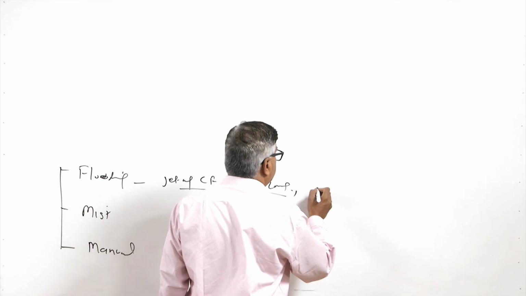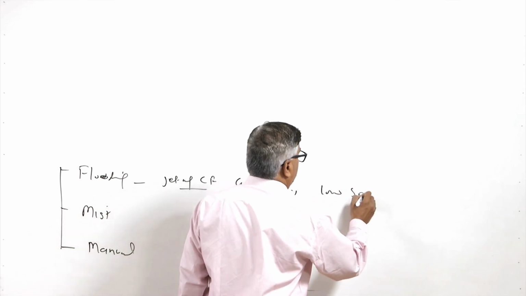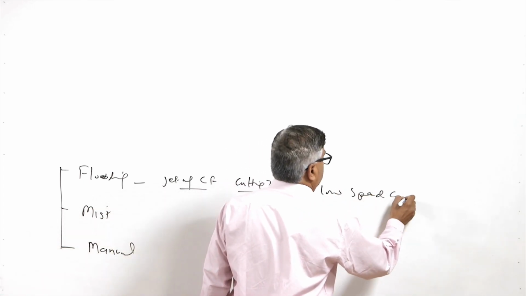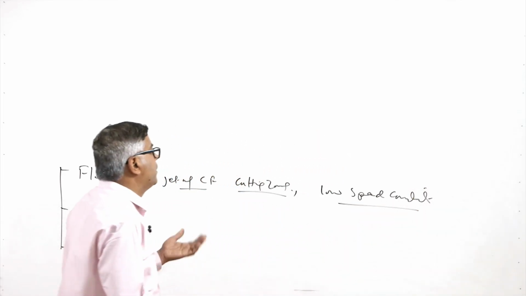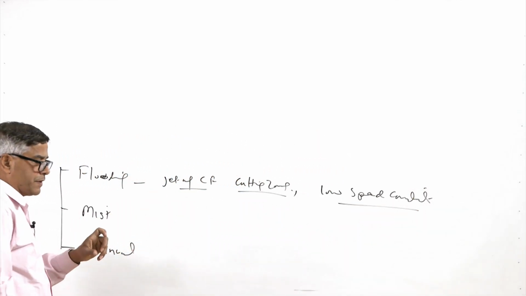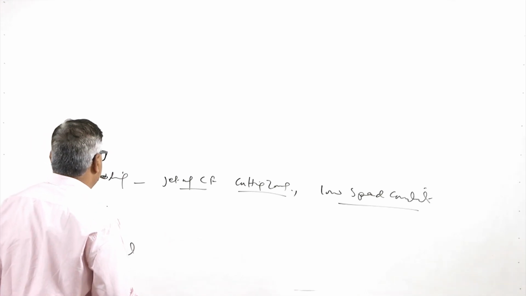This is effective for low speed conditions, but at high speed conditions the cutting fluid may not be able to reach the tool chip interface, and so it may not be effective.